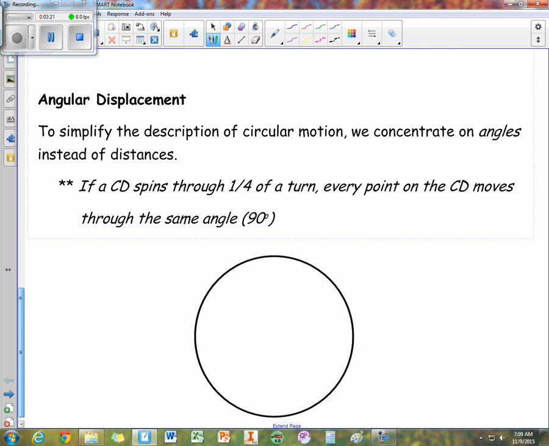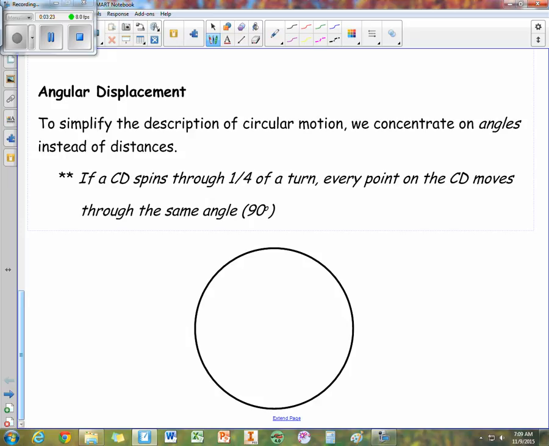Now, when we talked about kinematics, we discussed displacement. And you remember that displacement we used was a delta x, which meant the final position minus the initial position. Well, for rotating bodies, we need to talk about their angular displacement.